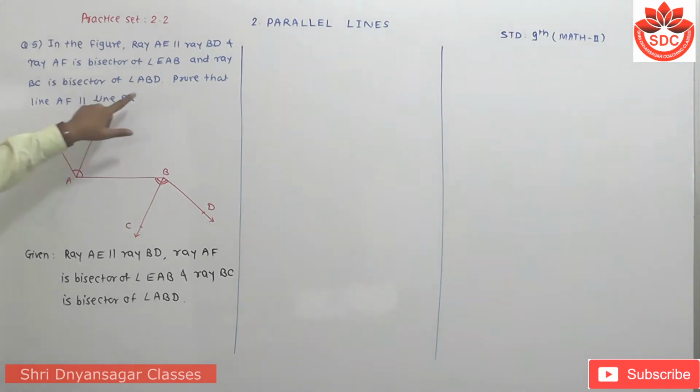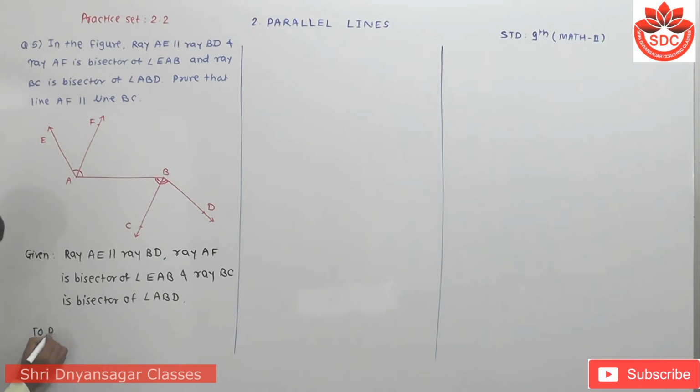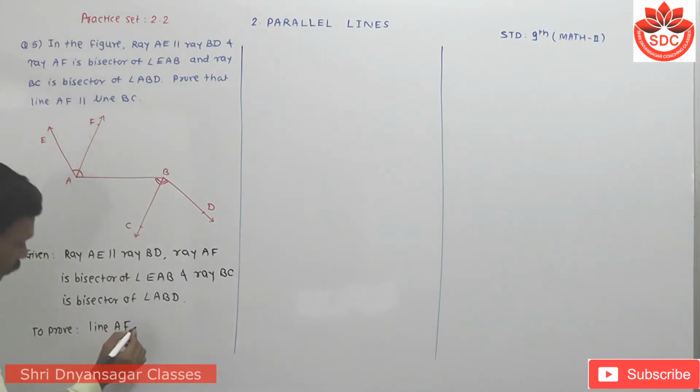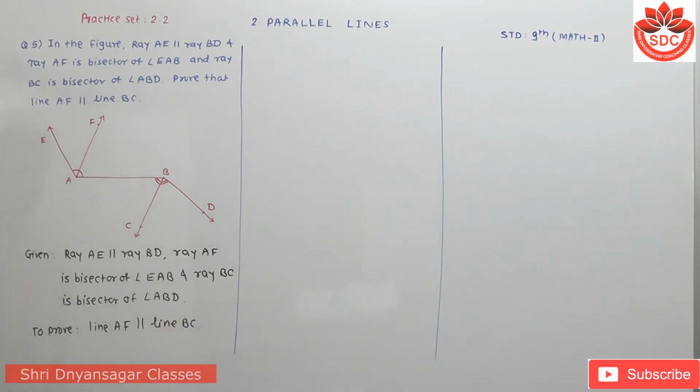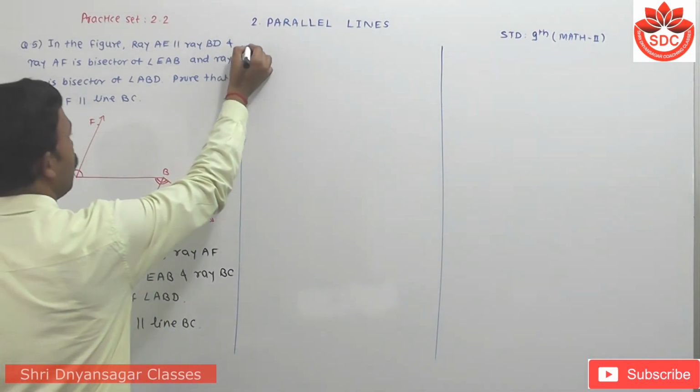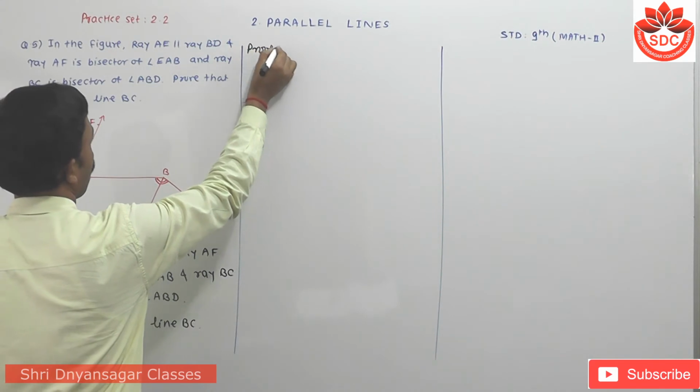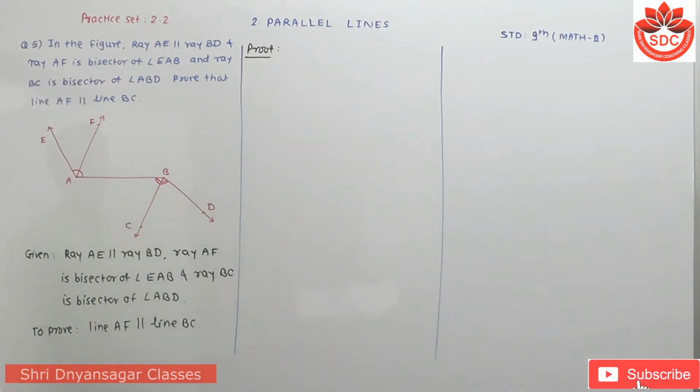This is given here. Up to this is given, then this is to prove: line AF is parallel with line BC. So simple one, important. Its proof is an important question.